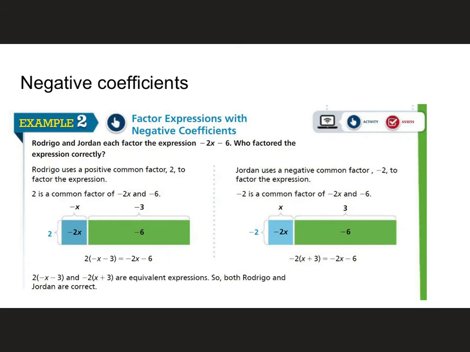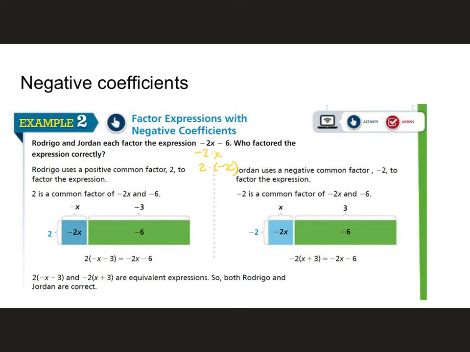So then they try to use area to show negative coefficients, and that makes even less sense. But what they want you to know is you can even factor things when they're negative, but you have two choices. I can either say here that negative 2x is negative 2 times x, or it's 2 times a negative x.